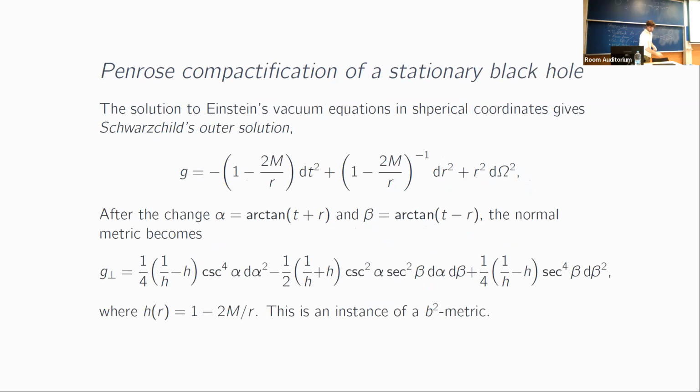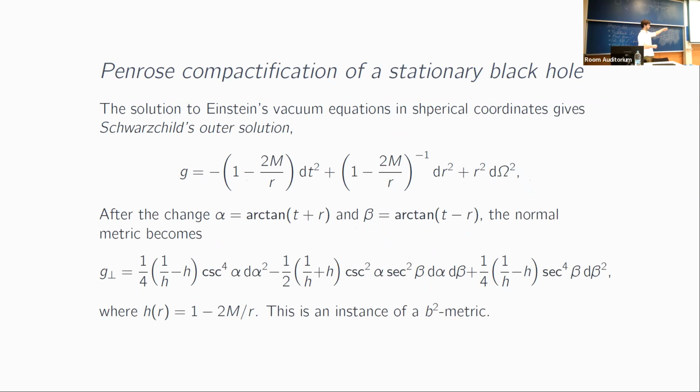And the last application I want to explain is when we take the Penrose compactification of a stationary black hole. This is the general solution for Einstein's equations for the metric in vacuum in spherical coordinates. This is Schwarzschild's outer solution.